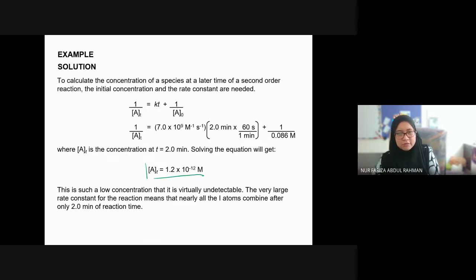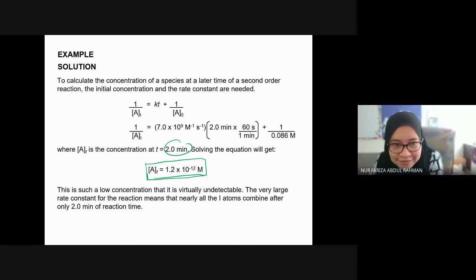Okay, ini pun kita boleh baca, the concentration, wow, the concentration is very, very low. Okay, at T time, after 2 minutes, the concentration left is only negative, very, very low guys. Maksudnya yang tinggal pada ketika lepas 2 minit tu adalah 10 kuasa negatif 12.